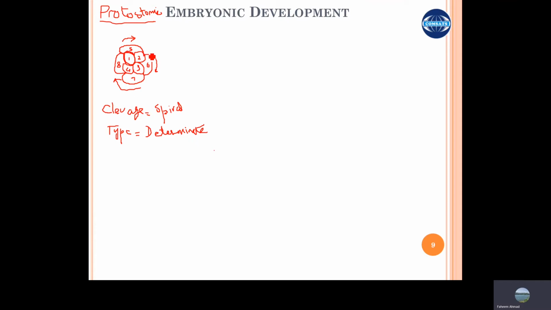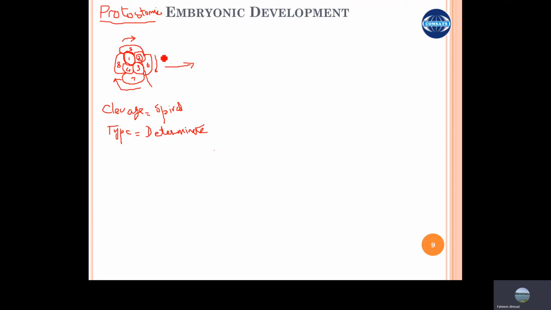For example, cell number 2 will make the alimentary canal, so it will always make an alimentary canal. Cell number 4 will make the sensory cells or neurons, so it will always make a neuron. It cannot be differentiated into anything else. At the time of embryonic development, each and every cell has its known future and fate. So this is called determinate cleavage, right? These are the first two characteristics.